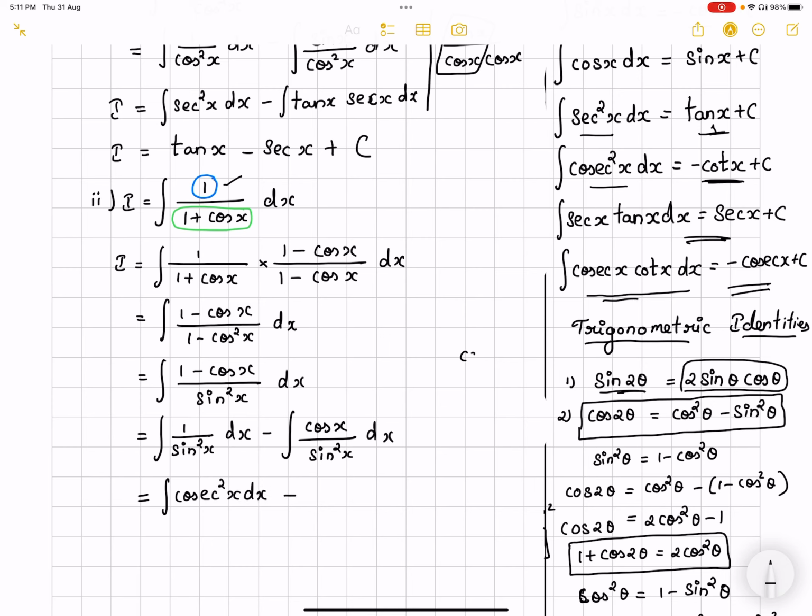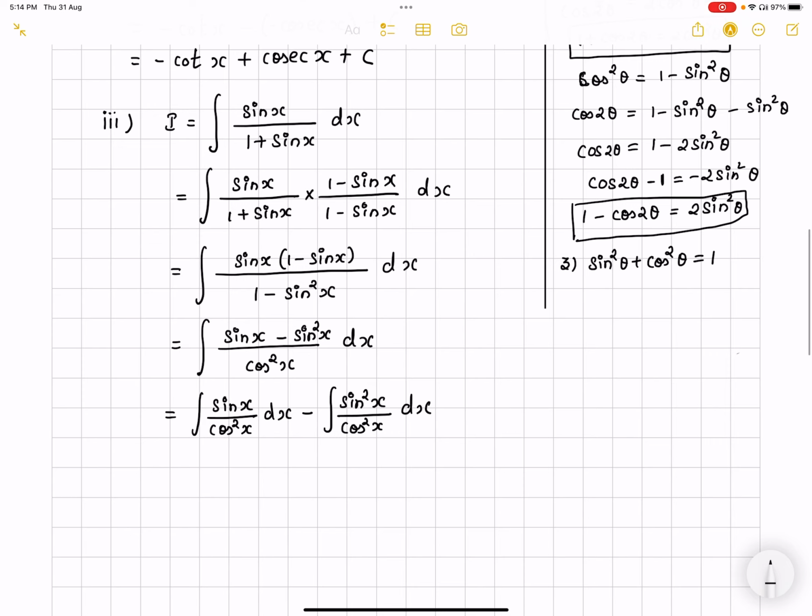Now let me just split and write. Integral sin x divided by cos square x dx minus integral sin square x divided by cos square x dx.